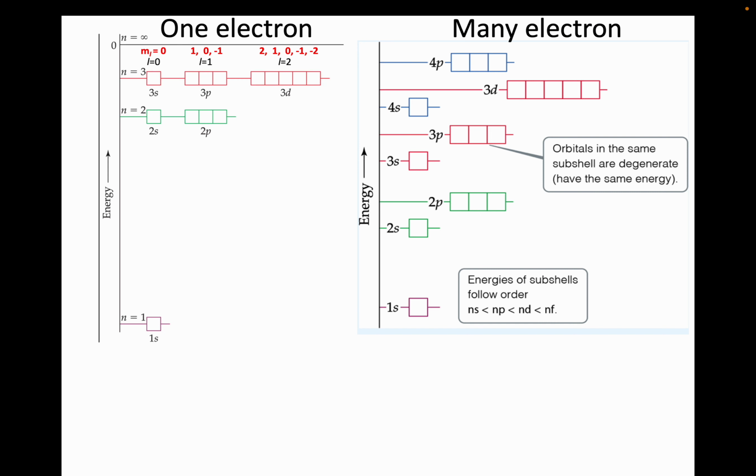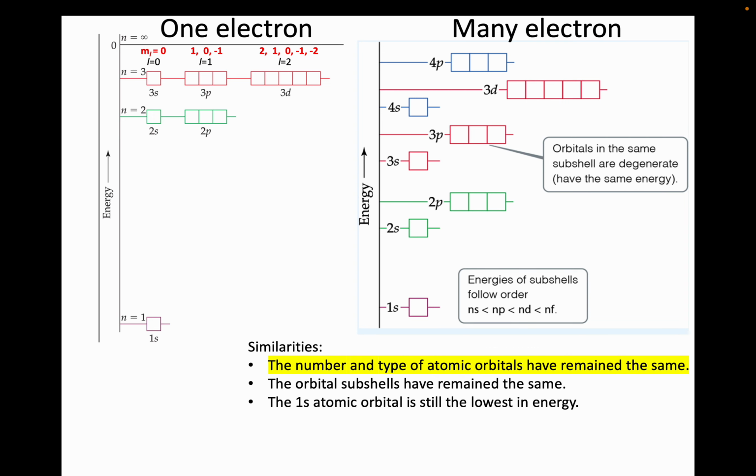On the left, I show the hydrogen atom, a single electron, and on the right, the many electron atom. If we compare these, I see a few similarities. The number and the type of the atomic orbitals have remained the same. I see a 1s atomic orbital on each, a 2s, a set of 2p's. So we haven't added or removed atomic orbitals, but we've made some adjustments.